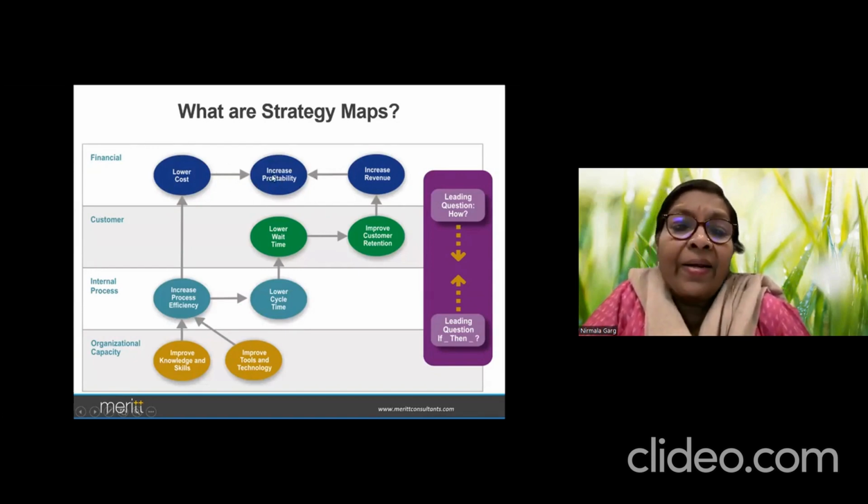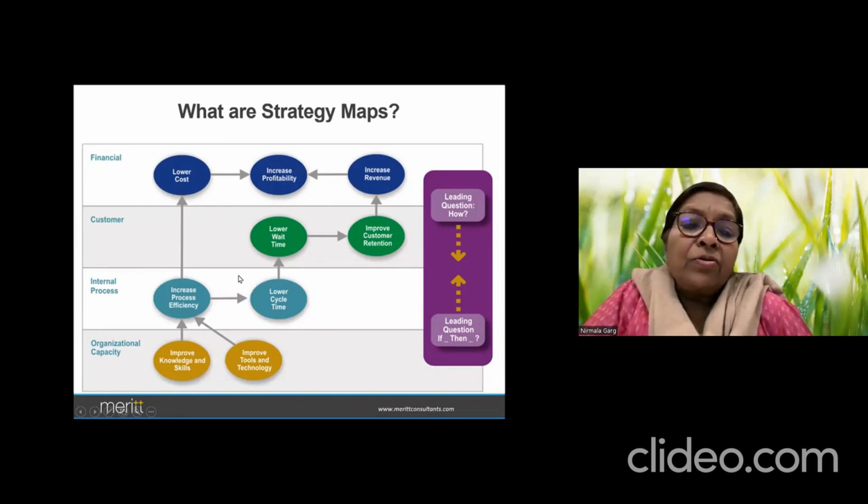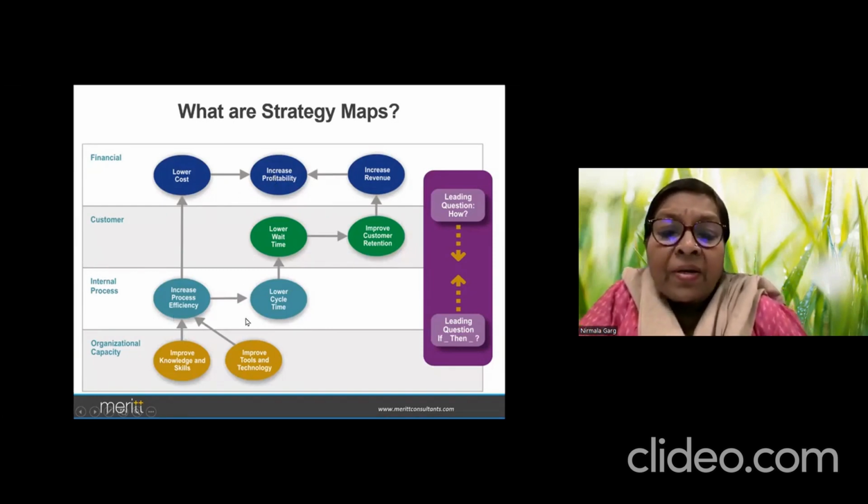So this is the lag indicator. Now, what is happening here? What you are saying is, if I increase my process efficiencies, I can lower cost. I can also reduce my cycle time and waiting time.